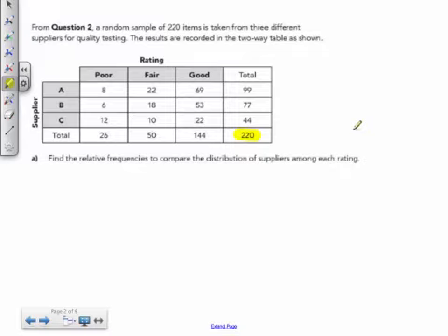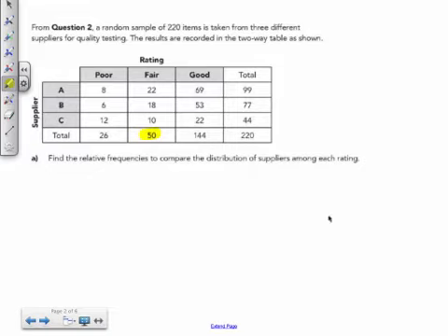If you said that there were 220 items taken as total as the sample, then you are absolutely correct for that one as well. How about this 99? 99 of the items sampled were from supplier A. And then figure out what this 50 means right here. 50 of the samples received a fair rating.